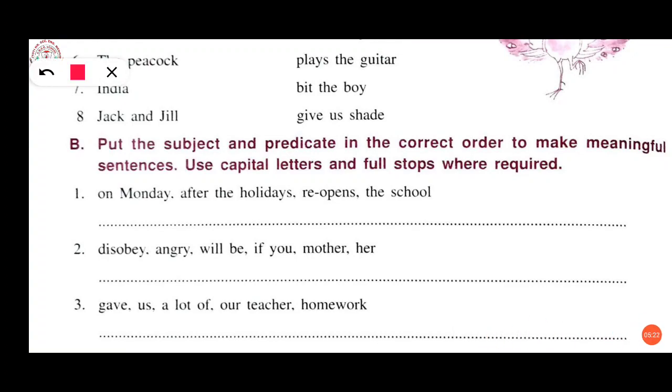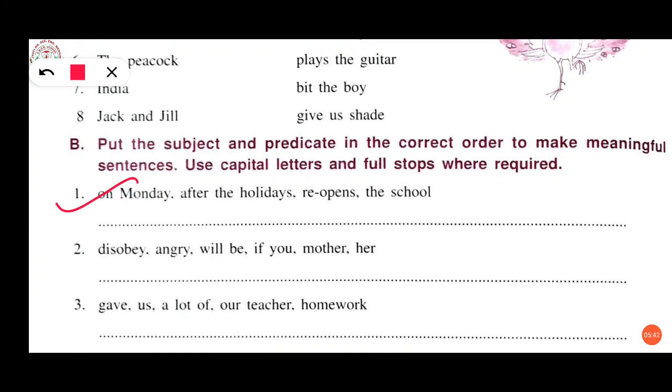So see the first one. Here, on Monday is given, after the holidays, reopens, the school. Now we have to arrange this according to the subject and predicate in the correct order.